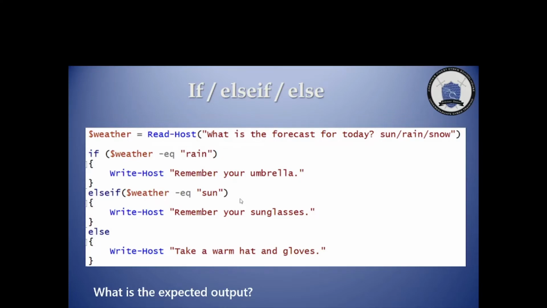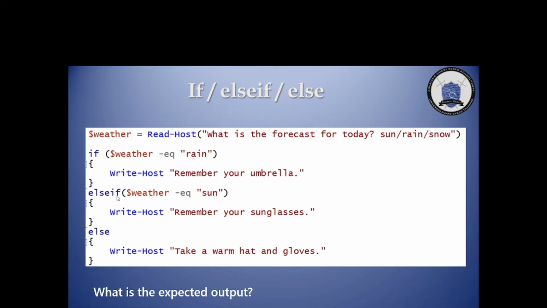All right, so here's another example of an if-else. Here at the top, we've got our variable weather is equal to Read-Host, what is the forecast for today? And we've got sun, rain, and snow. So here's an example of how to use multiple embedded elses in an if-else. We've got if weather is equal to rain, then it's going to write remember your umbrella.